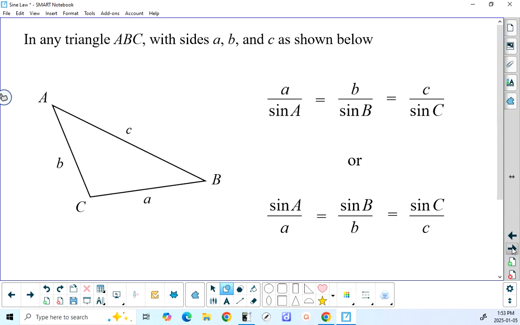Sometimes it might be useful to write the sine law upside down, so to speak. So rather than having the sides on the top and the sines of the angles on the bottom, we put it the other way around.